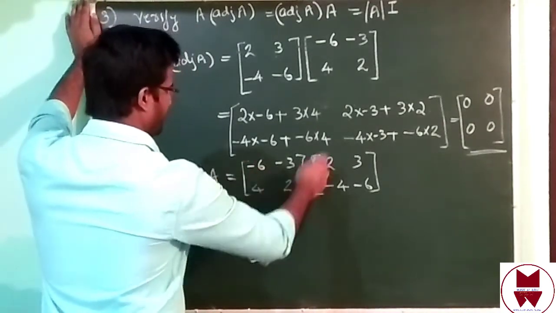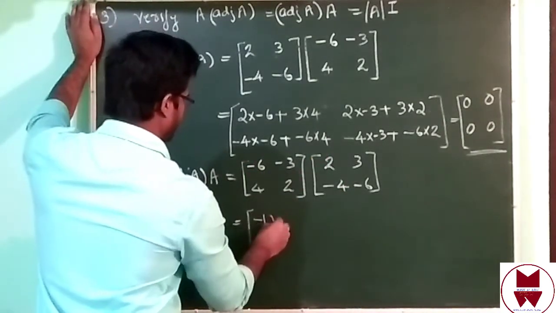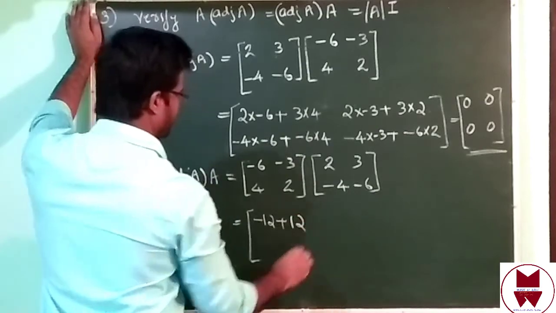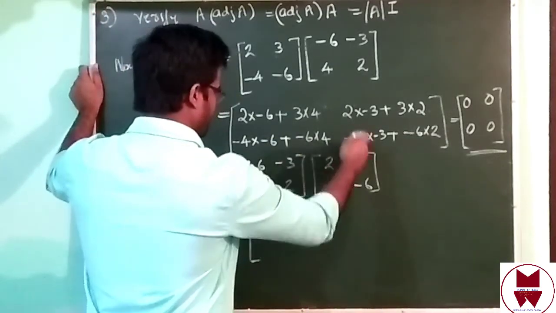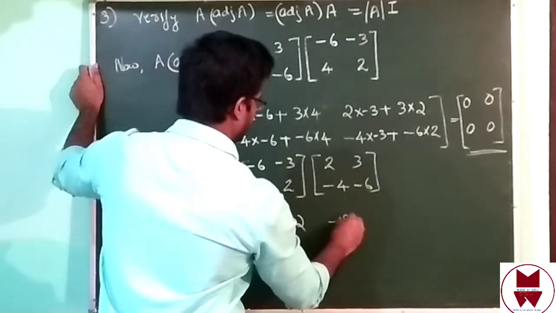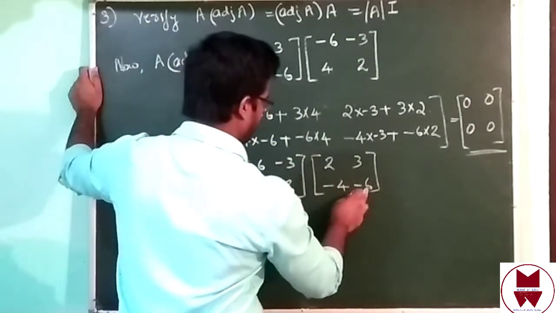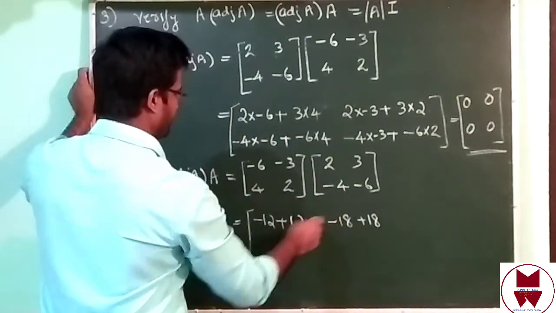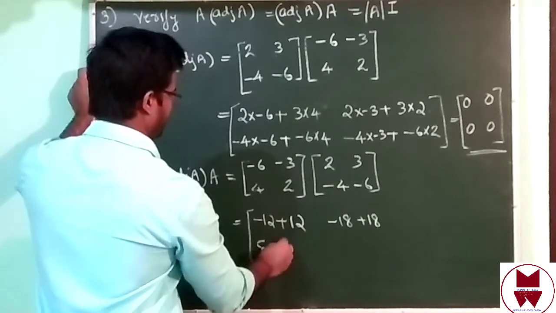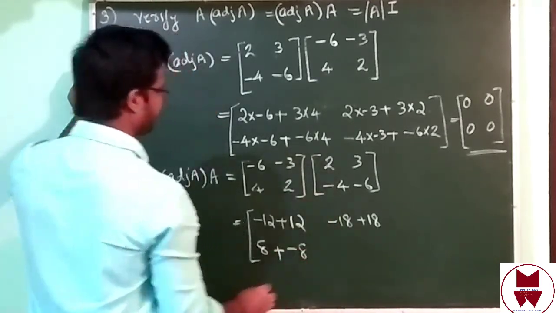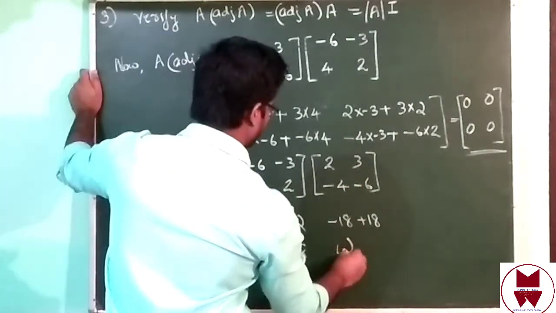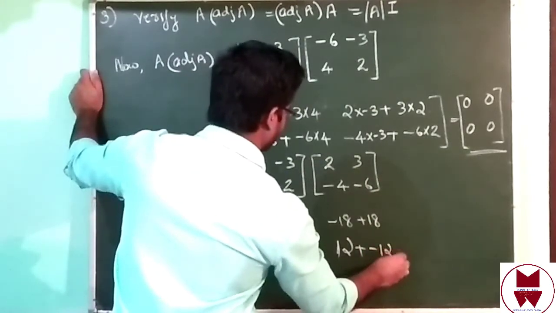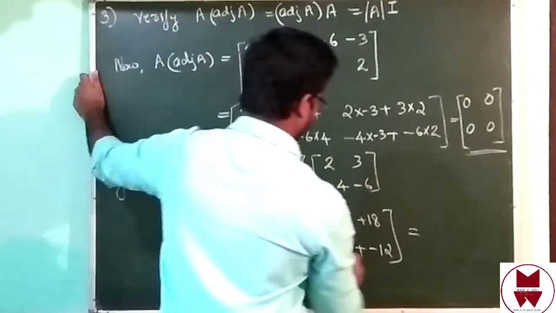Minus 6 into 2, first row and first column, minus 12, then plus minus 3 into minus 4 will get plus 12. Then first row, second column: minus 6 into 3, minus 18, then minus 3 into minus 6, plus 18. Second row, first column: 4 into 2, 8, plus 2 into minus 4, minus 8. Then 4 into 3, 12, 2 into minus 6, minus 12. You will get 0, 0, 0, 0, all 0.